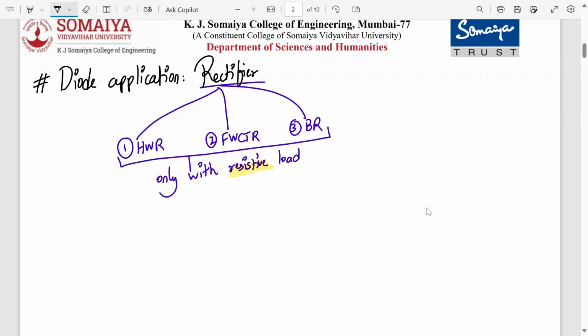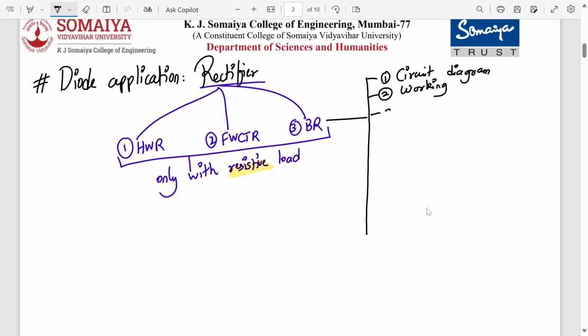Generally, if they ask you a question on rectifiers, they'll ask you one of these questions. First, you have to know the circuit diagram of the particular rectifier. I'm telling this for all three rectifiers in general. Next, you have to explain the working of that particular rectifier configuration. Next, the input and output waveforms with respect to time.